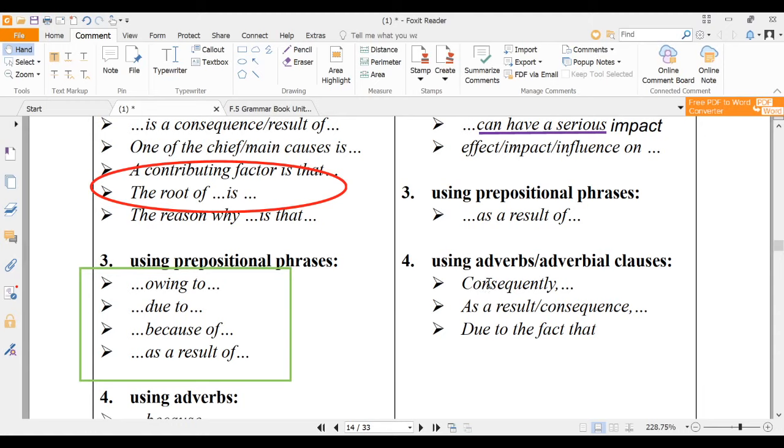But I don't like them very much. If you can avoid them, you can avoid them. There are always better choices. They are okay, they are not bad, but not good either. So these are some phrases that you can use. So just talking about this gets you nowhere, right? So let's look at some examples.